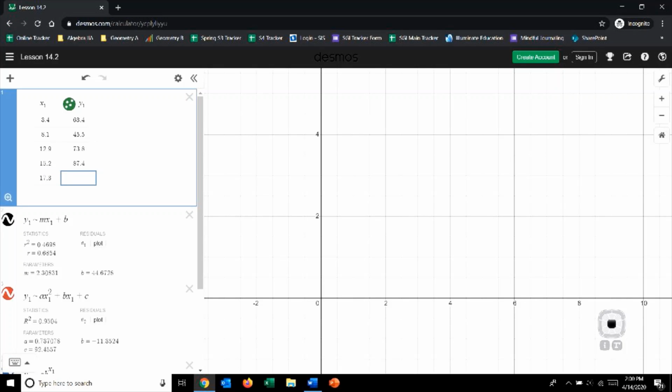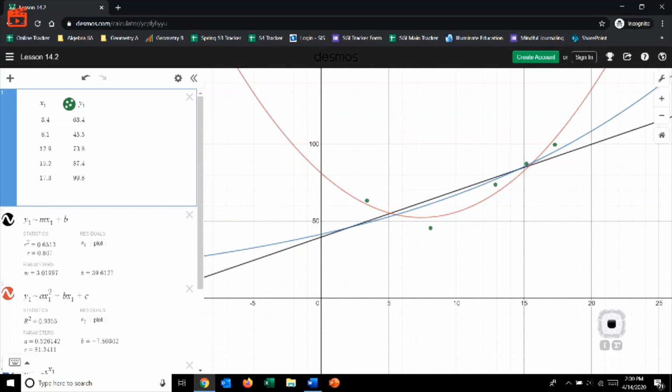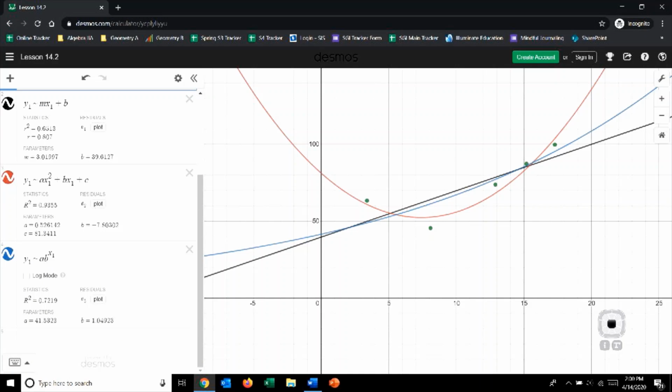And let's fit that to the graph. So by looking at these, this R-squared is 0.65, this one is 0.93, and this one is 0.72. So this one is the closest one, and I would say this would be a quadratic.